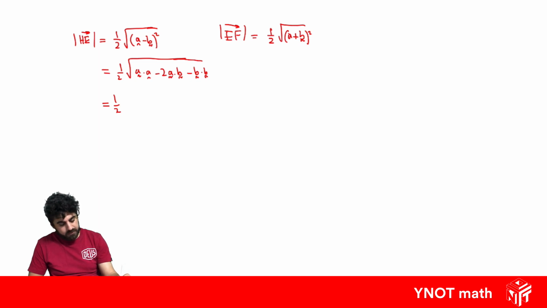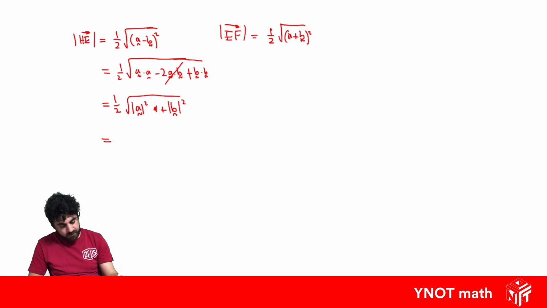A dot B, they're perpendicular to each other, so that's going to be 0. A dot A, we can write as the magnitude of A squared, and plus B dot B is going to be the magnitude of B squared.